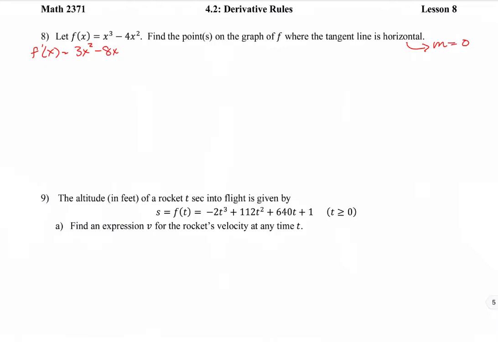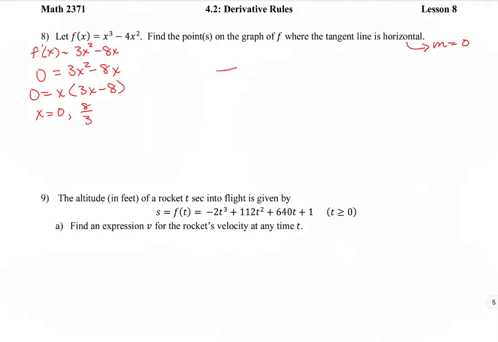And I need to find where that equals 0. So I need to find where 0 equals 3x squared minus 8x. So 0 equals x times 3x minus 8. So x equals 0 and 8/3.